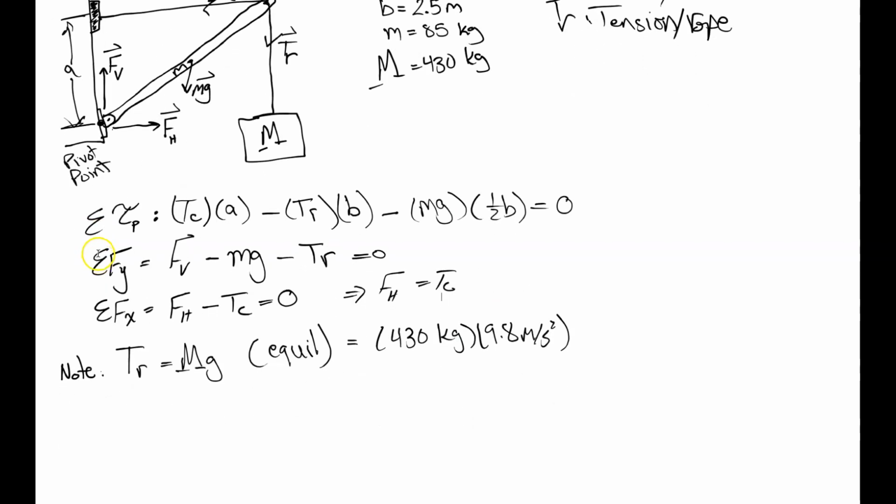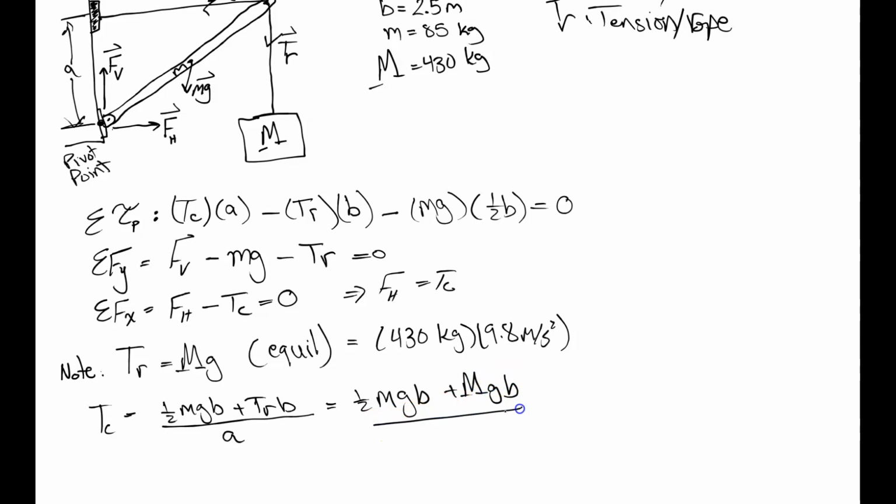So let's solve from this first equation. Let's solve for T sub C. T sub C is going to equal 1/2 mgb plus T sub R B over A, and we know that T sub R is big mg, so this is 1/2 mgb plus big mgb over A. And if we factor out the GB over A, we get big M plus 1/2 little m.